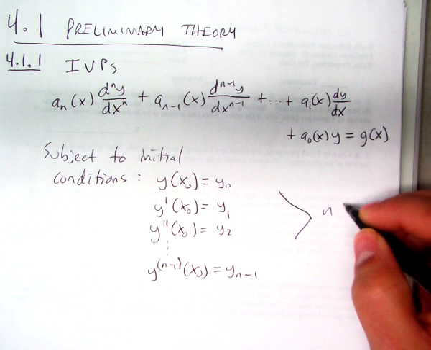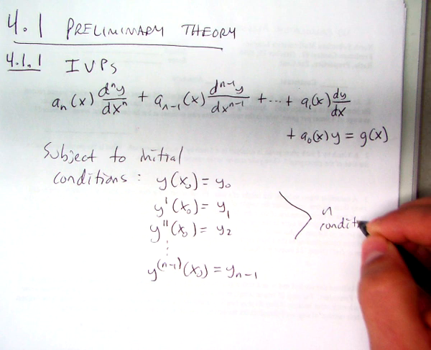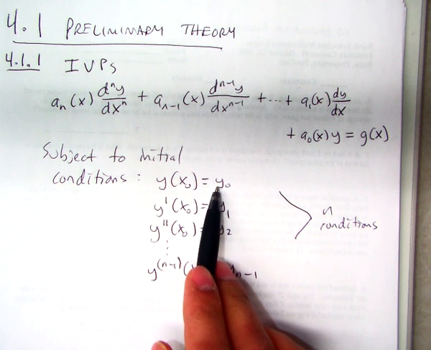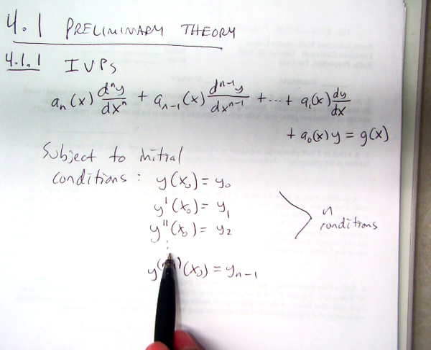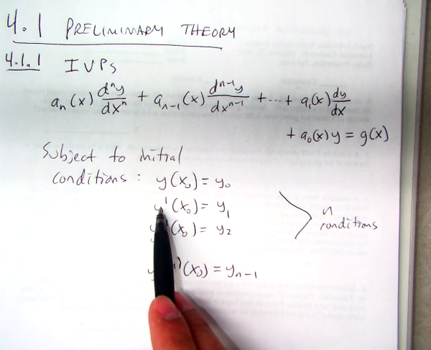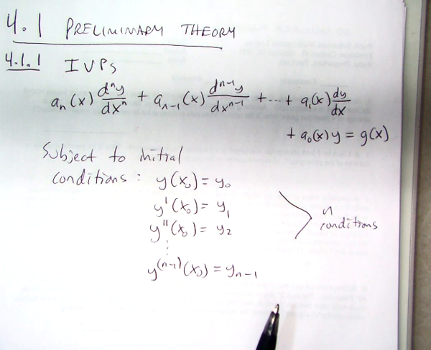The important thing here to note is that there's n conditions. Okay, so for first order we had 1 initial condition. If we have an nth order, we will have n conditions, and they just go up in the order of the derivative each time. Okay.